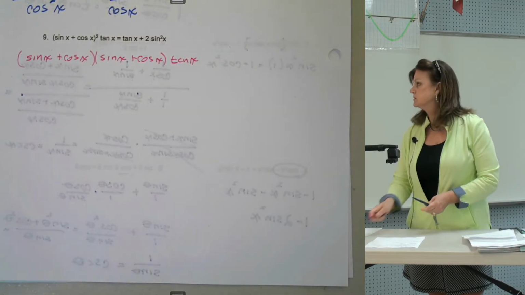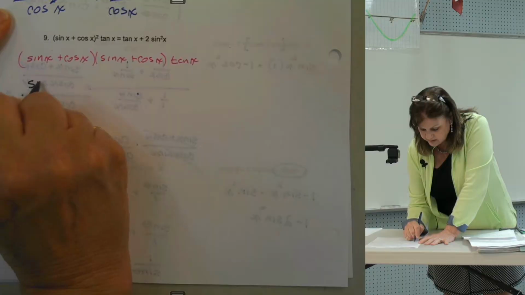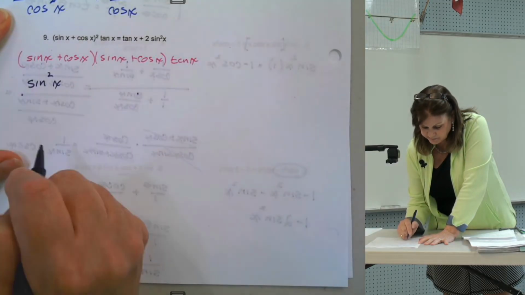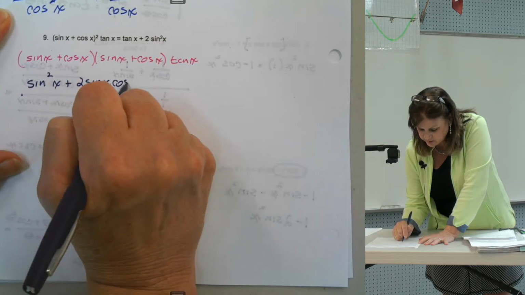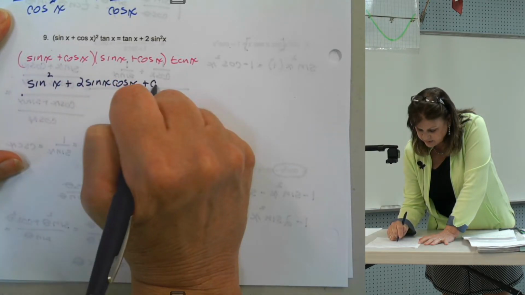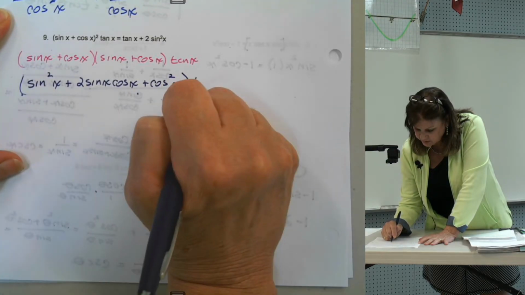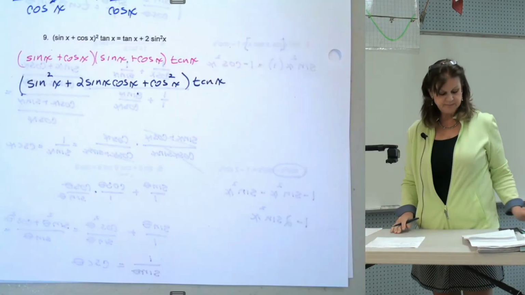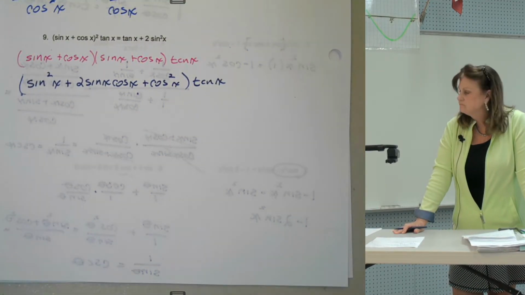All right, so let's do what they say. So I've got sine squared x plus 2 sine cosine plus cosine squared x, all times tan x. Okay.